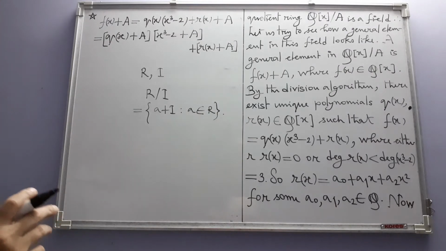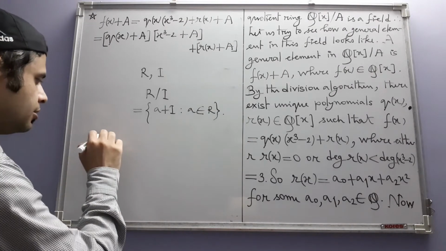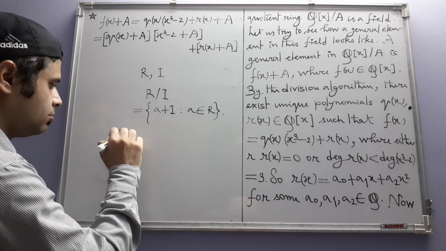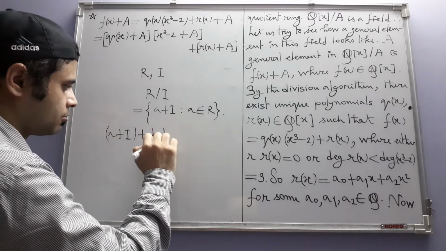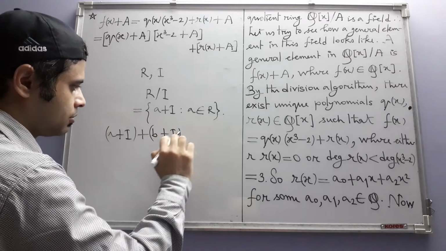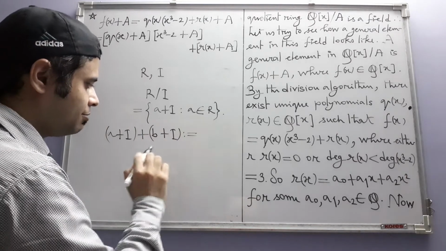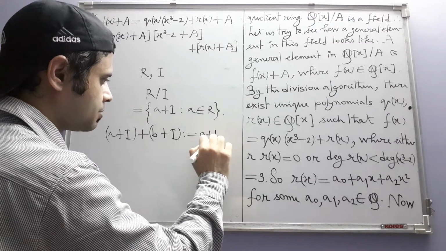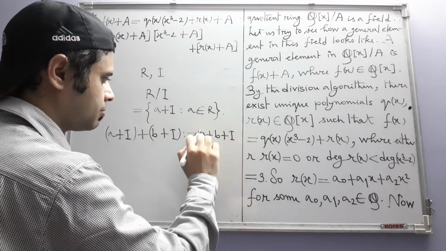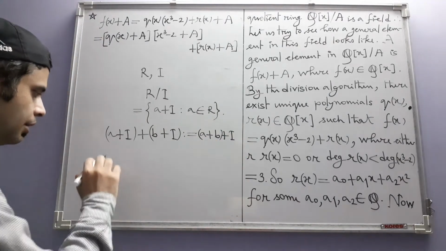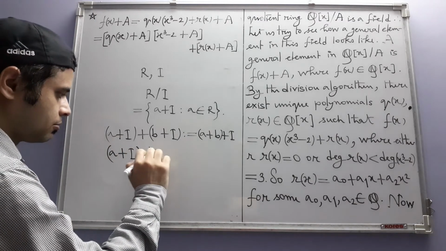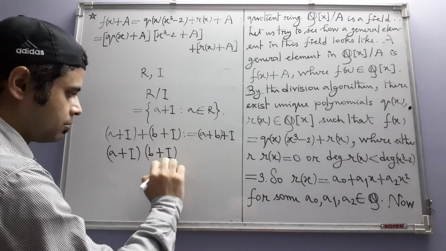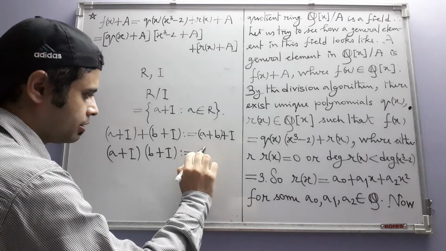Now, what is the definition of addition in this quotient ring? If you take two cosets like this, then by definition this is equal to a plus b plus I. And the product is defined like this.